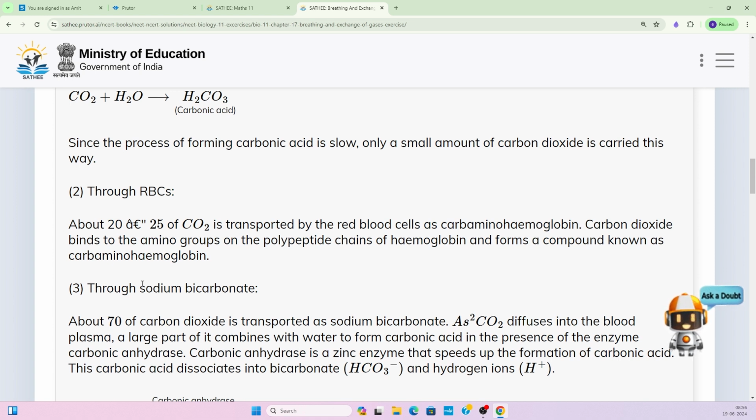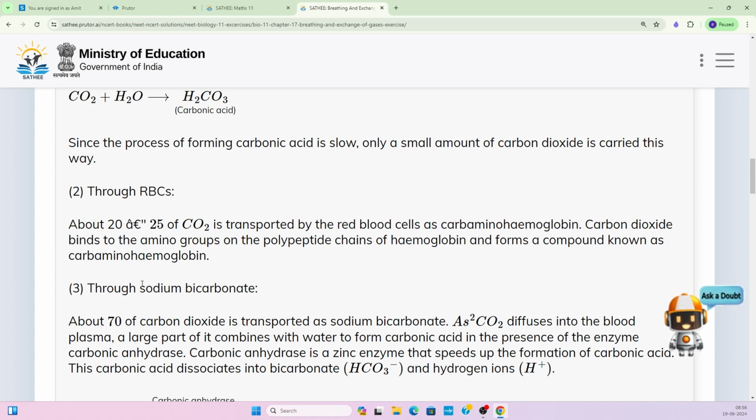Second way, through RBC. About 25% of CO2 is transported by the red blood cells as carbaminohemoglobin. Carbaminohemoglobin means that the carbon dioxide combines with hemoglobin.